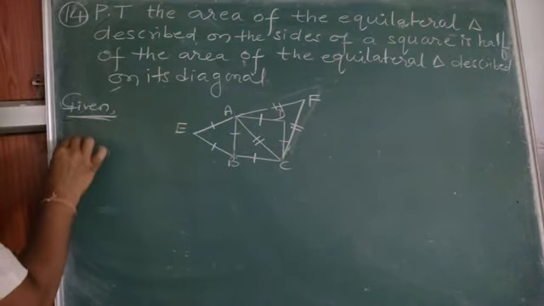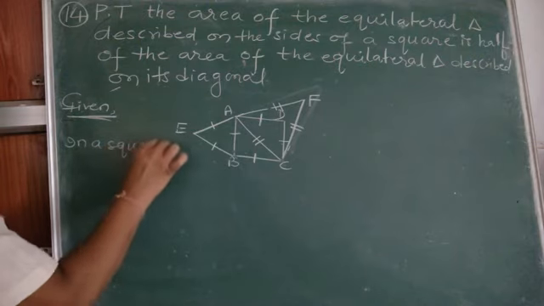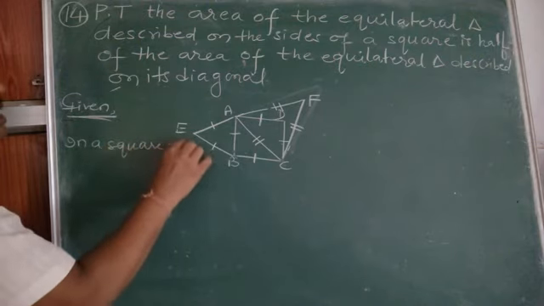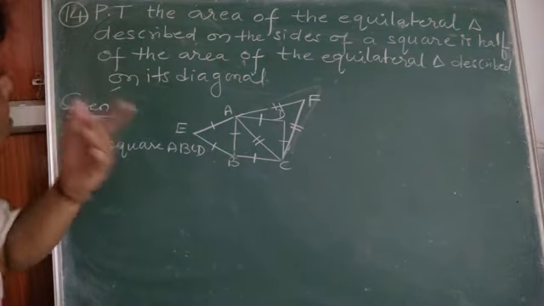What is given, children? In a square ABCD, what can we say? All four sides are equal.